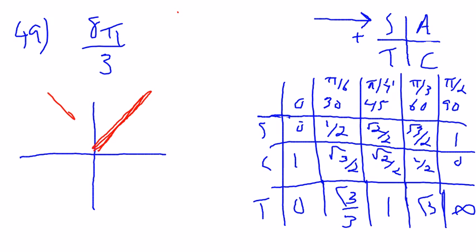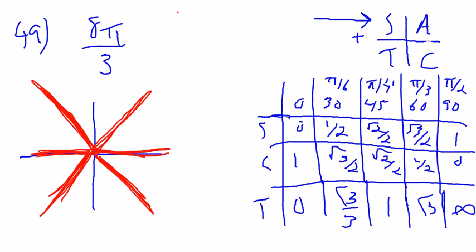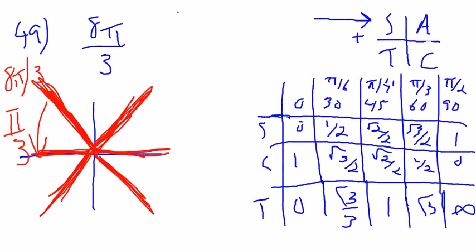Another 60 degrees takes me to here, so that's 2. This is 3. 4 is down here. 5 is down there. 6 is here. 7, 8. 8's here. So 8 pi over 3 is here. You need to figure out the reference angle down there. It's pretty obviously between those two big red lines, which was where I was counting by pi over 3's. So the reference angle is just pi over 3. That's it.